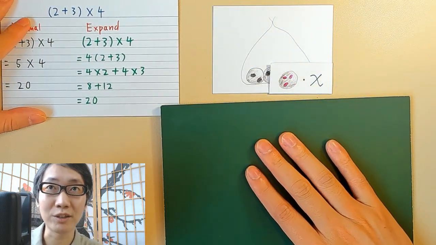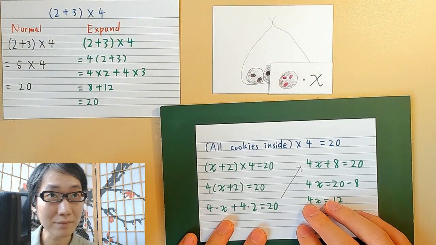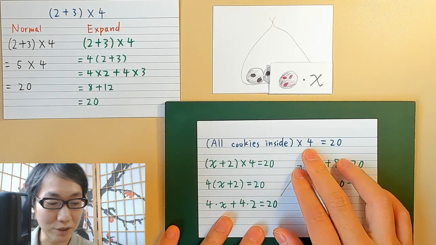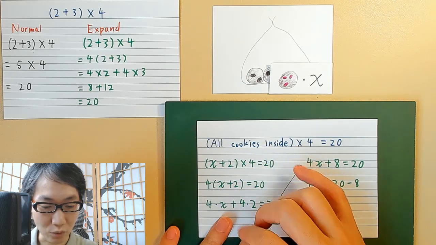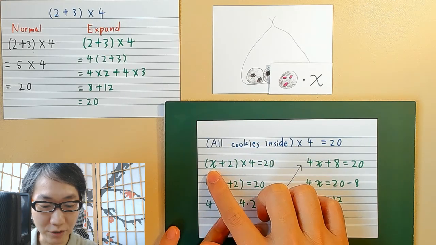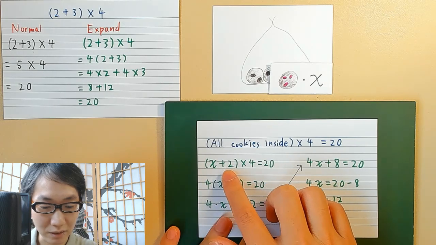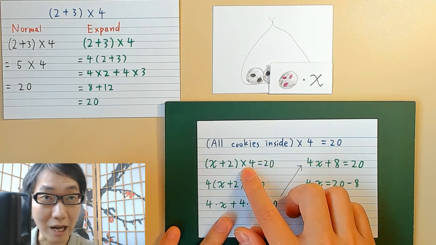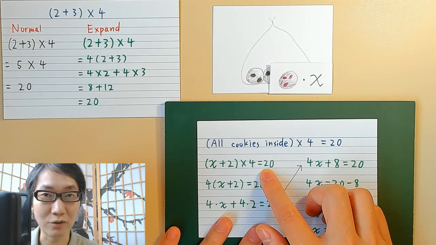The expression will become all cookies inside times 4 is equal to 20. Now raspberry is an X, an unknown. So we put X plus 2, this is the chocolate cookies, in brackets, they're in the bag, times 4, equals 20. We know the total number of cookies.